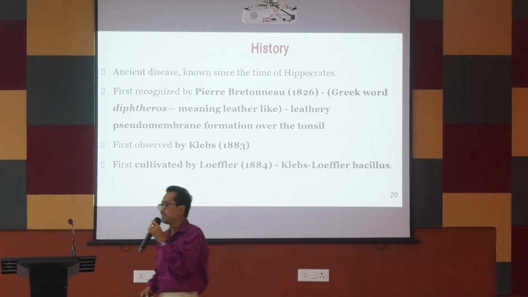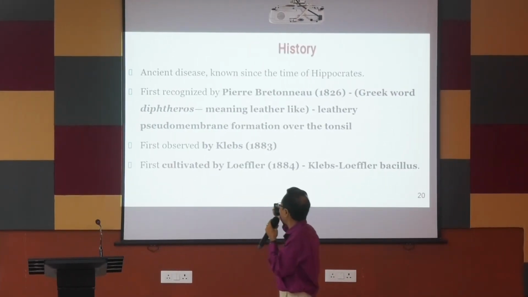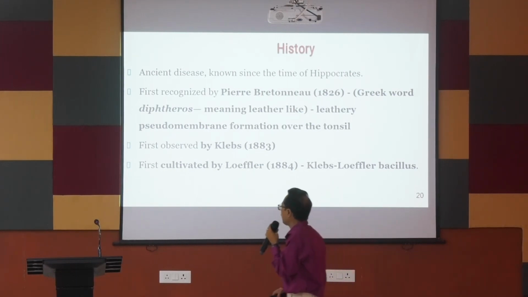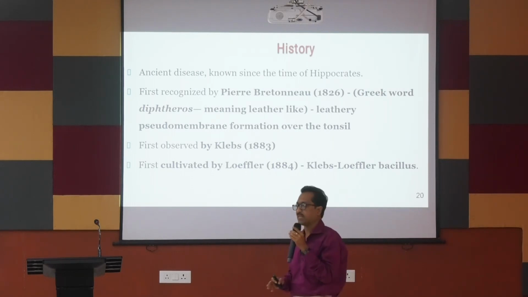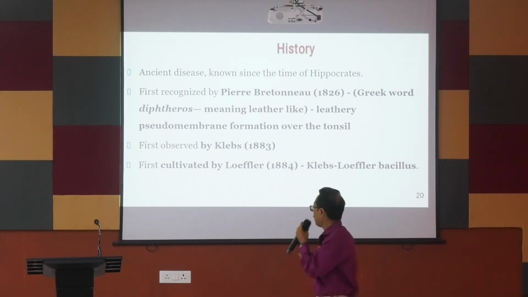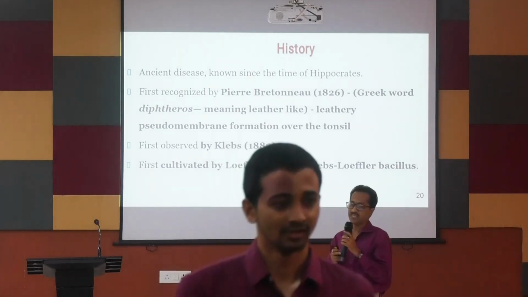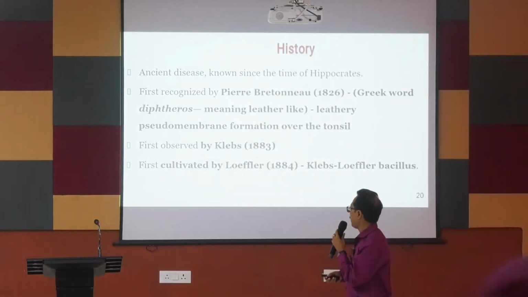That's why initially the name diphtheros, meaning leather-like, was given. First observed by Klebs in 1883, first cultivated by Loeffler. So that's why the diphtheria bacillus is also called Klebs-Loeffler's bacillus. Why is it called Klebs-Loeffler's bacillus? First observed by Klebs in 1883 and first cultivated by Loeffler in 1884.